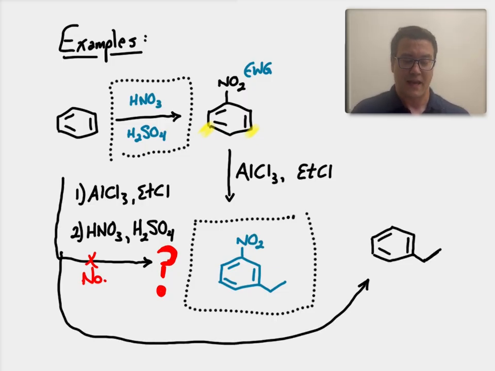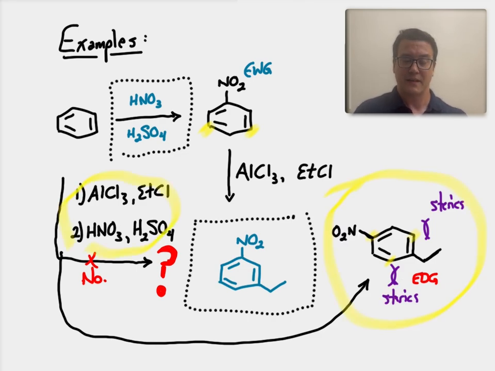The first reaction, aluminum trichloride with ethyl chloride, is going to give you this ethyl group, but ethyl groups are electron donating groups, so they are ortho-para directors. And if you have a group on an aromatic ring, typically the ortho position is blocked due to steric interactions, so the major product is going to be the para-directed nitro-aromatic.